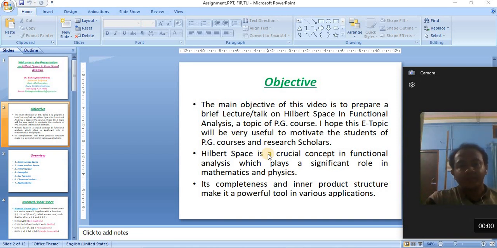As you know that Hilbert space is a crucial concept in functional analysis which plays a significant role in mathematics and physics and some other domains also. The completeness property of the space and inner product structure make it a powerful tool in various applications.